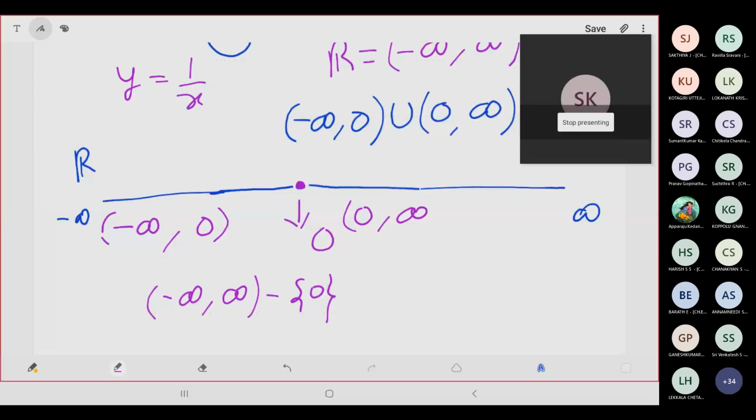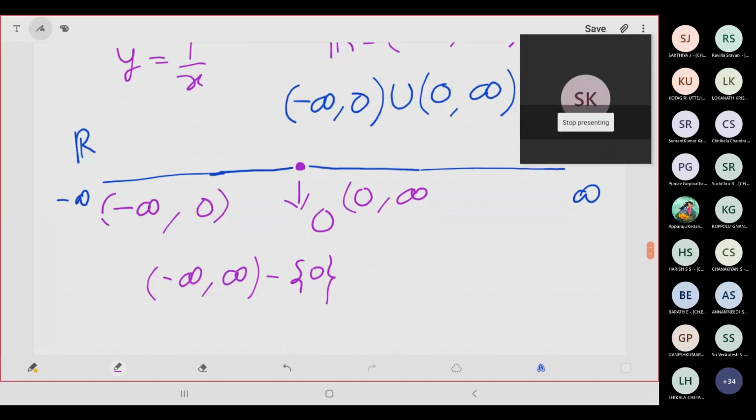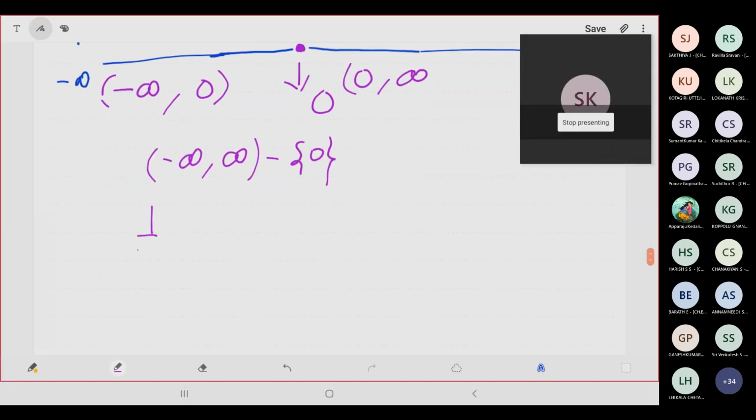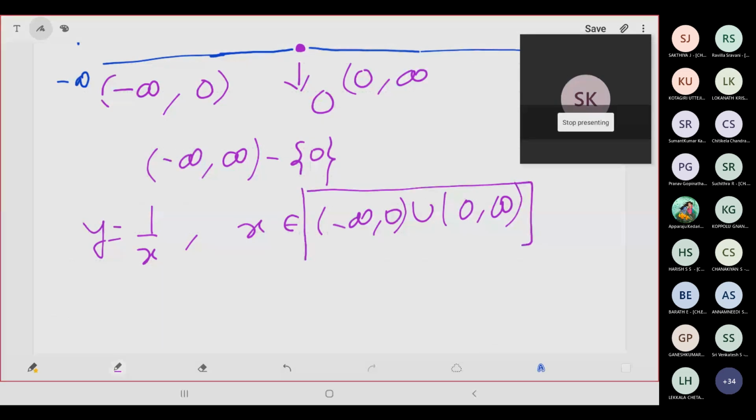That means only a single point you have excluded from this interval. So again, you can check that the function y is equal to 1 upon x is defined for x from minus infinity to 0 union 0 to plus infinity. In that case, this is the domain.